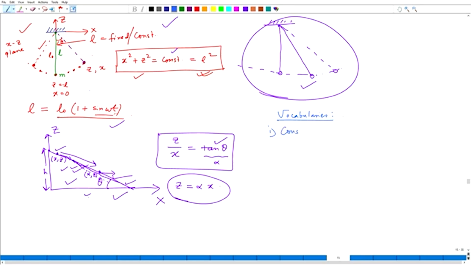The constraints without explicit time dependence are scleronomic constraints.